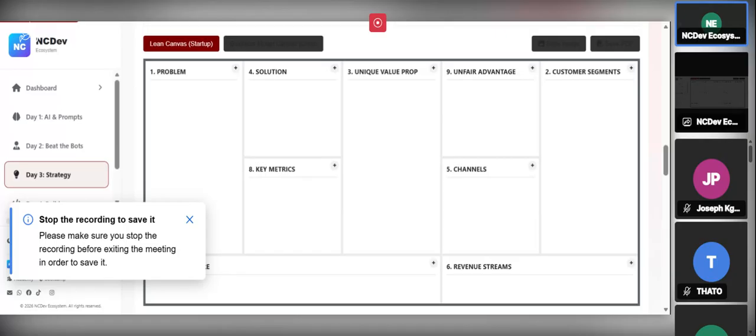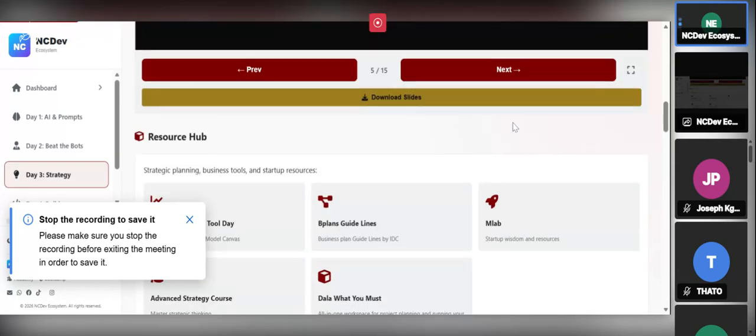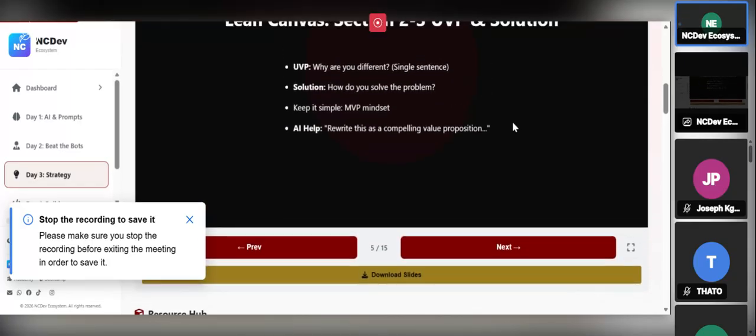One good thing about this model is, when you're identifying your customers, you want to be specific, right?